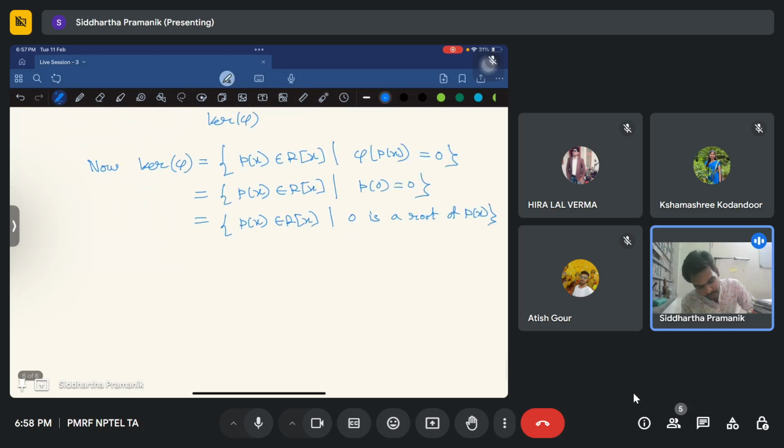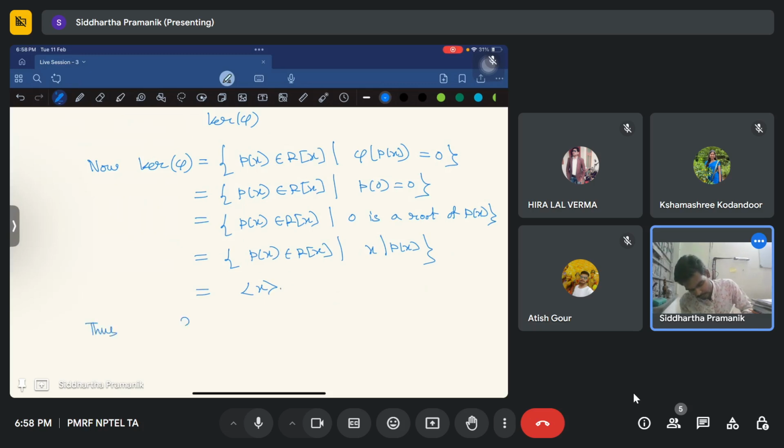Now if we apply the consequences of the division algorithm, then you will get the set P(x) belongs to R[x] such that x divides P(x). So by definition, it is the ideal generated by x.